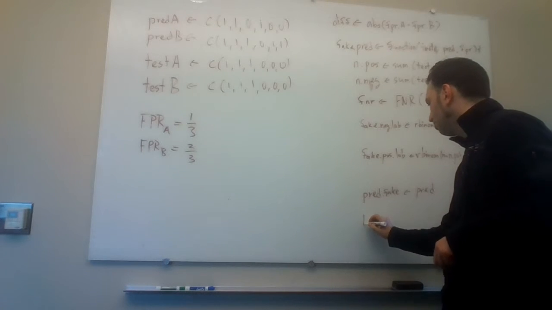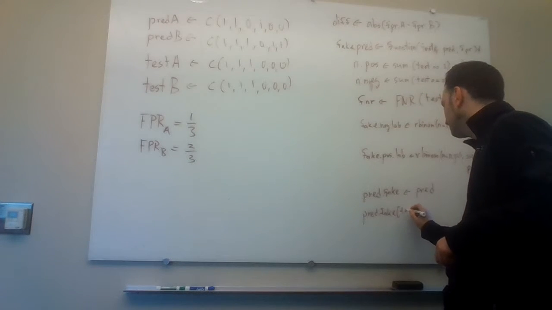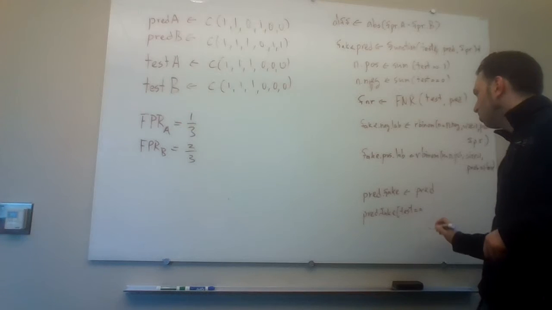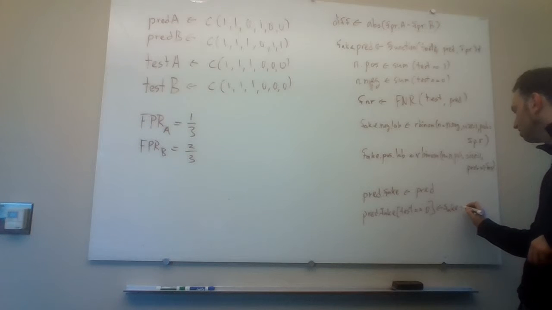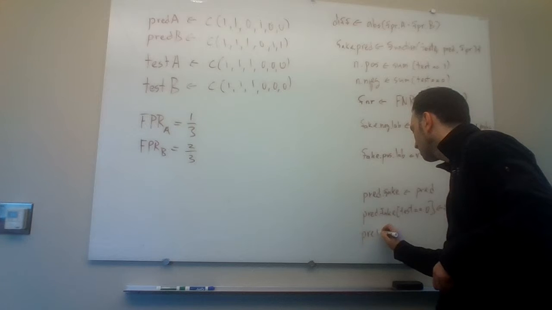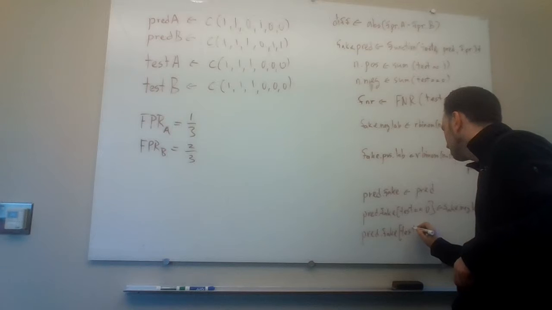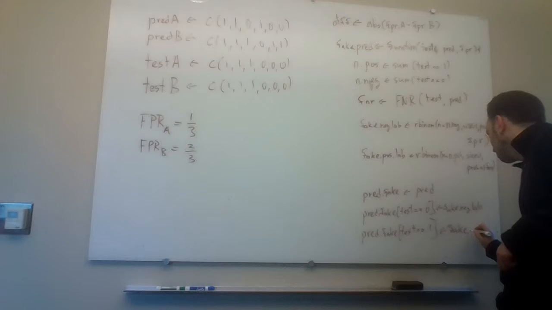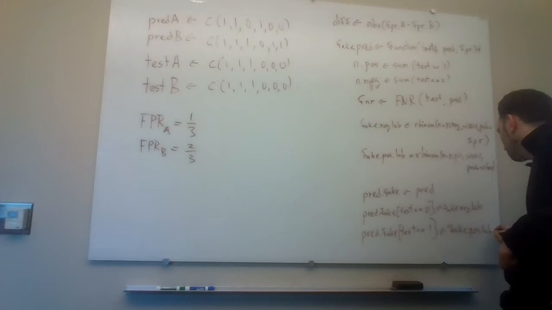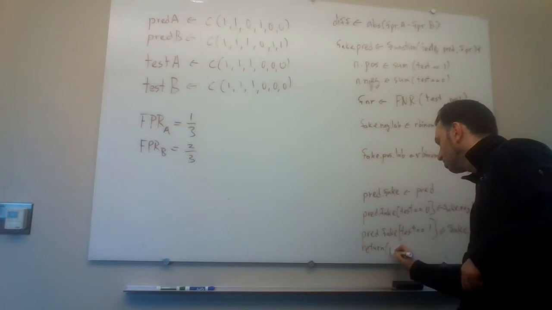And what I'll then do is say pred fake at test equals 0 is going to be fake neg lab. And pred fake at test equals 1 is going to be fake pos lab. And now I'm ready to return pred fake.